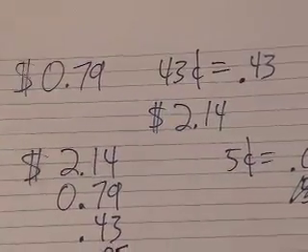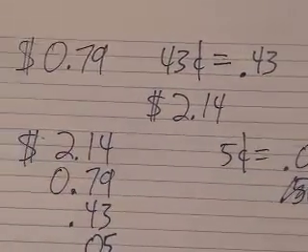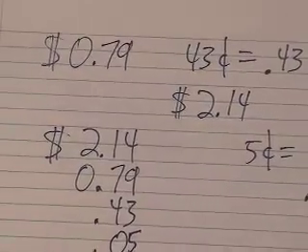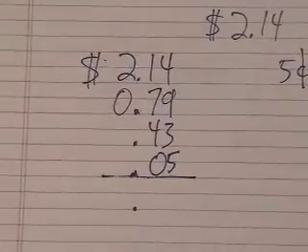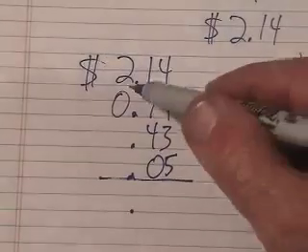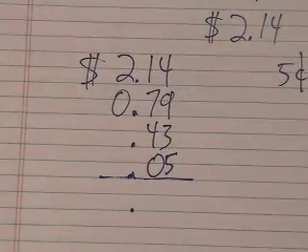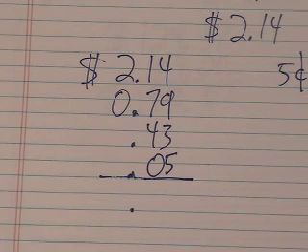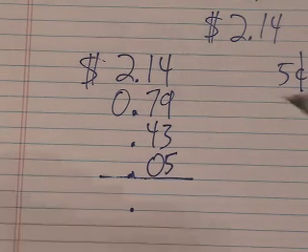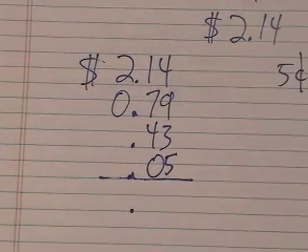This was a little bit of a messy one here. It ended up being, here, I'll just put that right there. I'll read this problem to you. $2.14 plus 79 cents plus 43 cents plus 5 cents. Now, when you're adding a long column of numbers, it can get to be a lot of mental math.